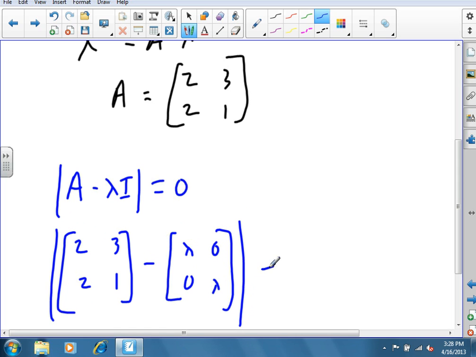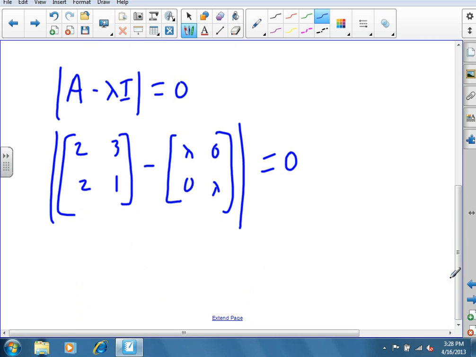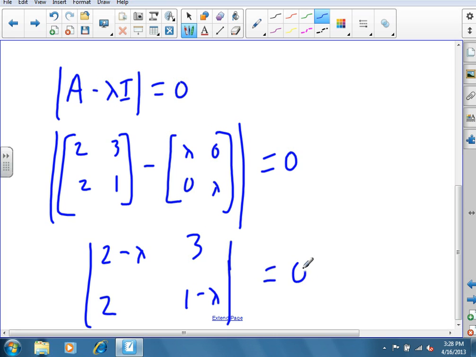Determinant is equal to 0. I'm never going to write it that way again, but I did it that time. I'm going to skip that step all the time and go 2 minus lambda, 3, 2, 1 minus lambda. Find the determinant is equal to 0.